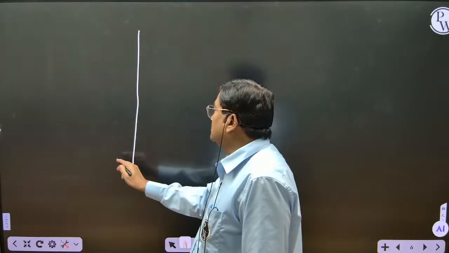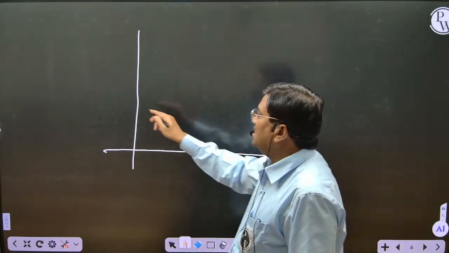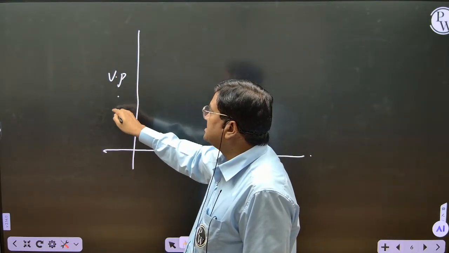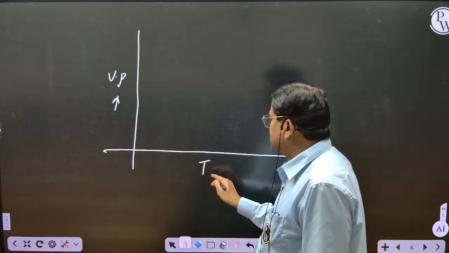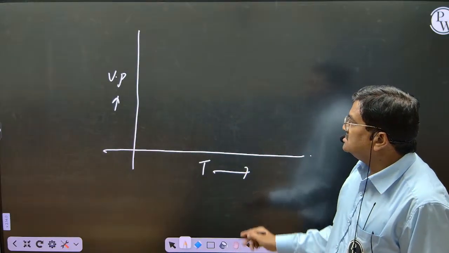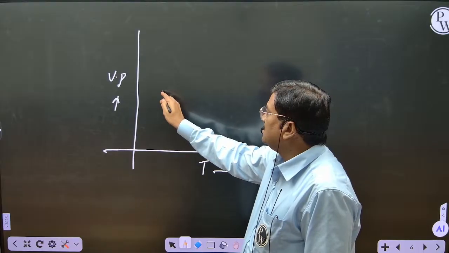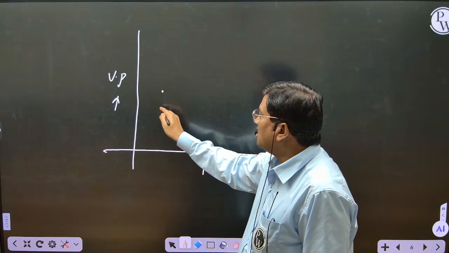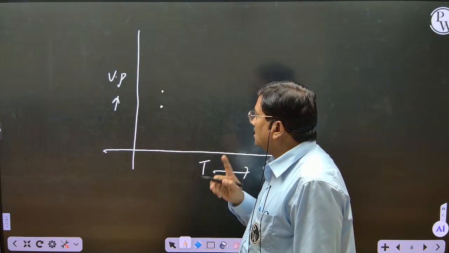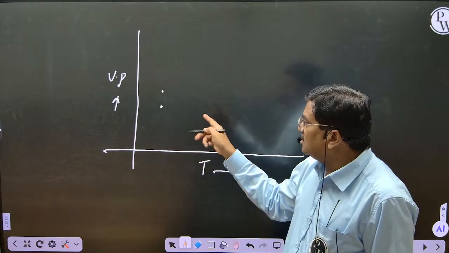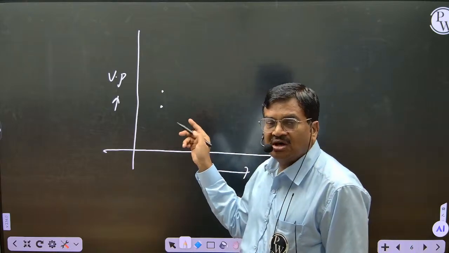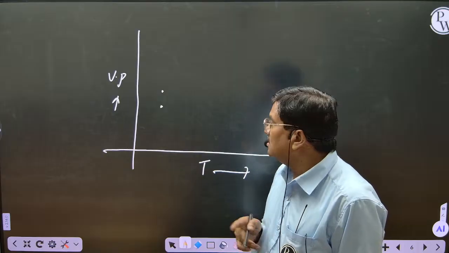See, when we plot a graph, on the y-axis you take vapor pressure, and on the x-axis you take temperature. Now see, I am considering two dots here, dot 1 and dot 2. Now tell me, among the upper dot and lower dot, which will be the solvent and which will be the solution?